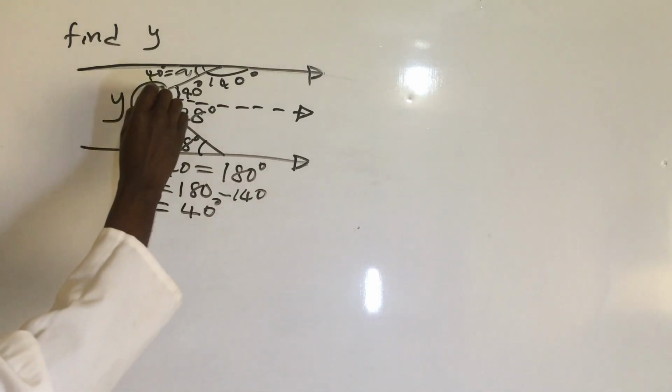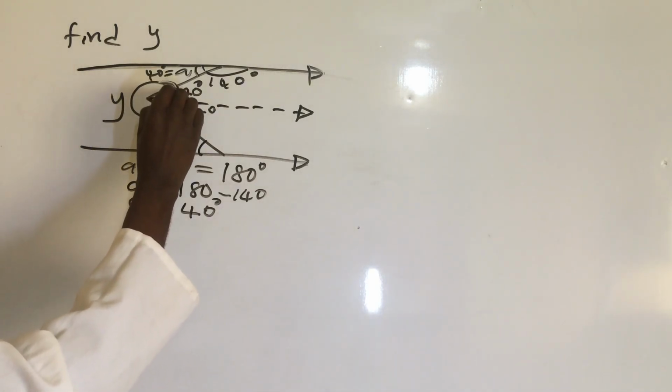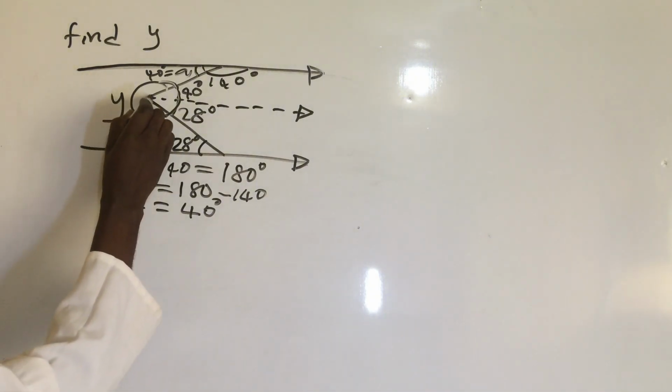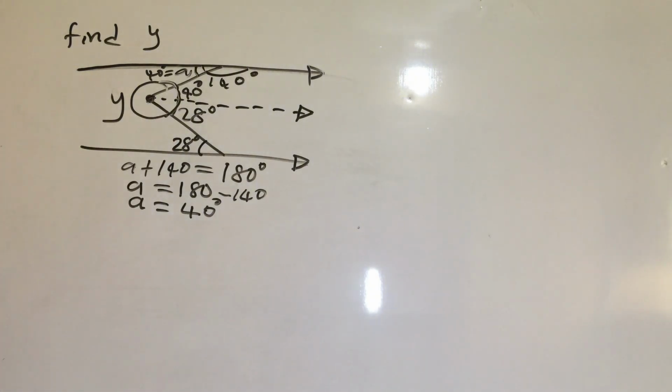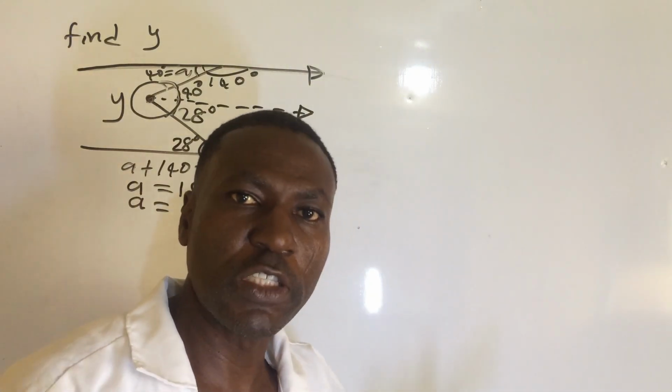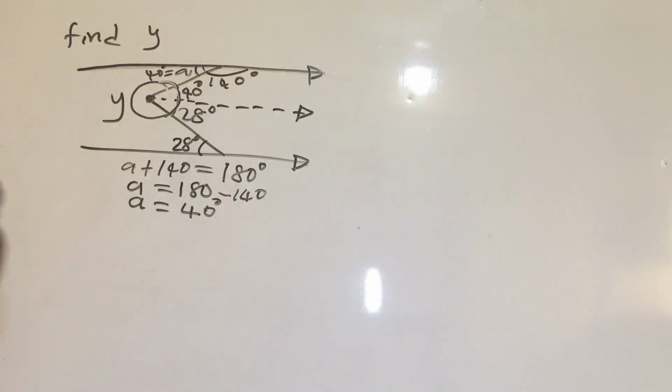it has formed a circle, okay? It has formed a circle, which this is the point, okay? Now, the angle of a circle is 360 degrees. Total angle at a point is 360 degrees, or total angle of a circle is 360 degrees, all right?